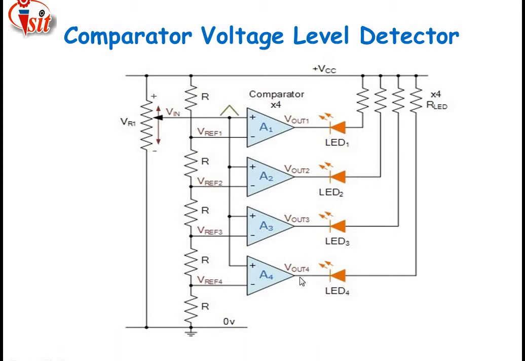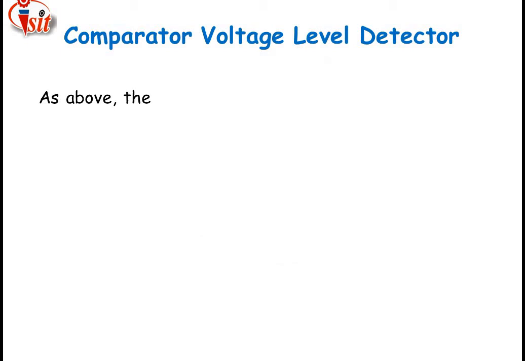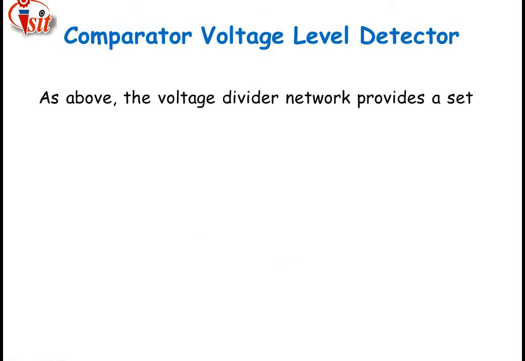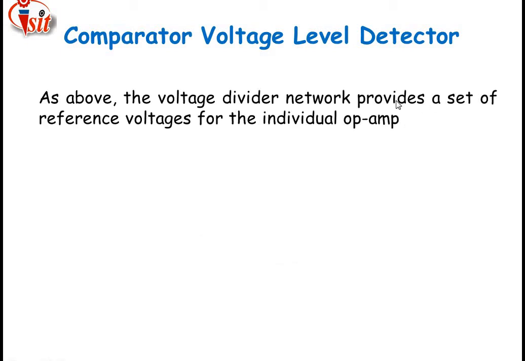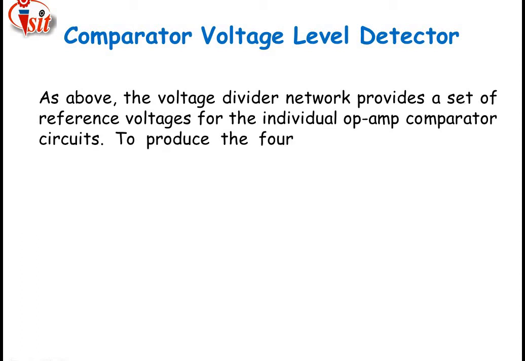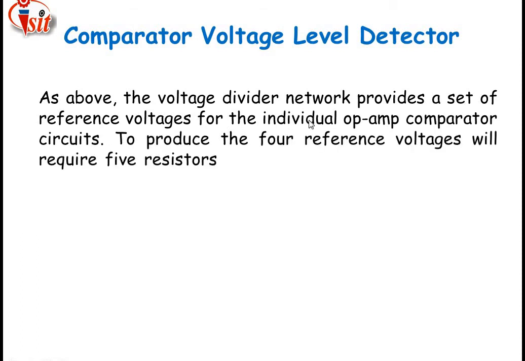The LED, or photodiode, will display the comparator voltage levels of the detector. Along with this, as above, the voltage divider network provides a set of reference voltages for the individual op-amp comparator circuits.